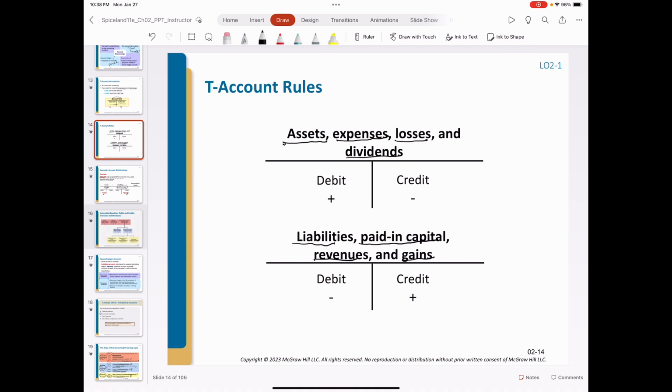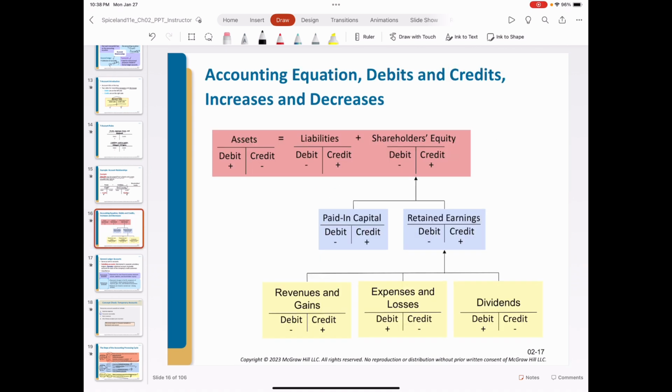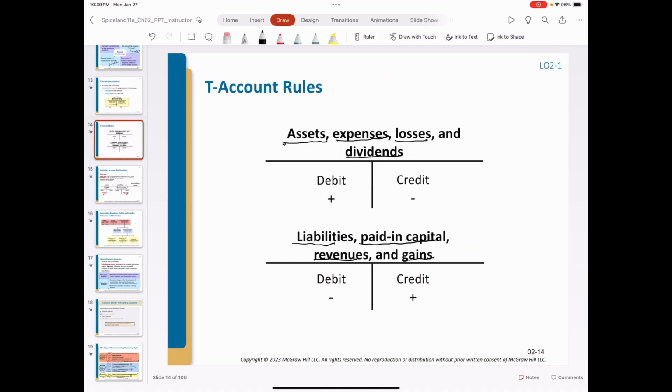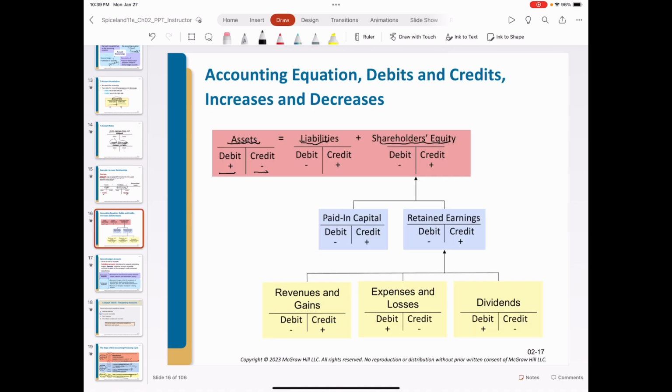Another useful slide to help you memorize these rules is this one. We know asset is a debit account. That means when assets increase, we debit this account. When assets decrease, we credit. While liabilities and equity, they are both credit accounts. We learn from this rule, right? Liabilities, equity: when both increase, we credit them.